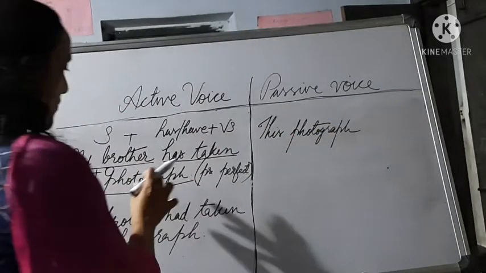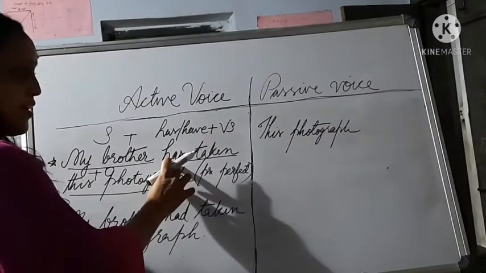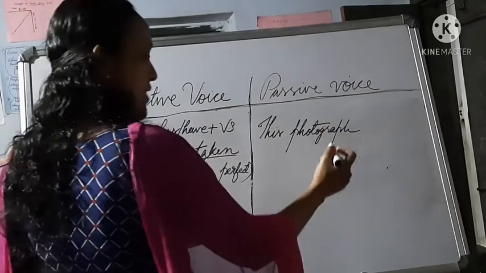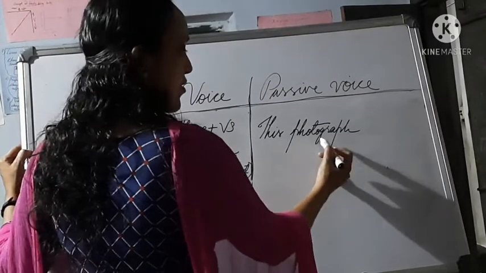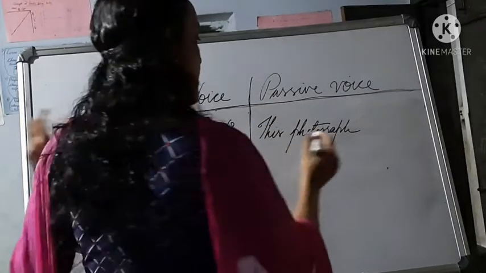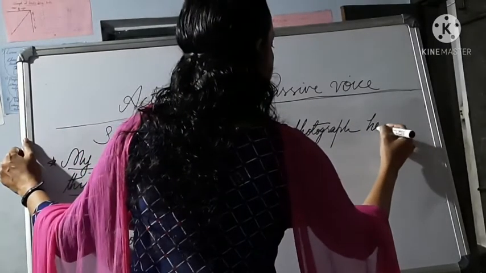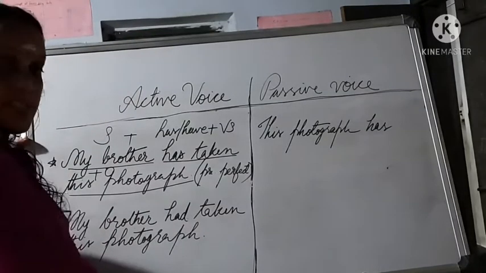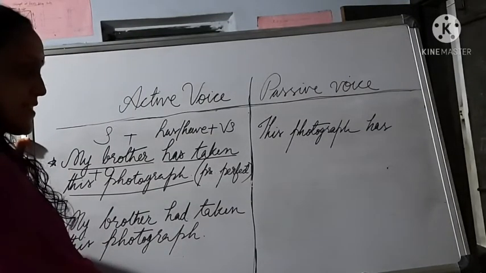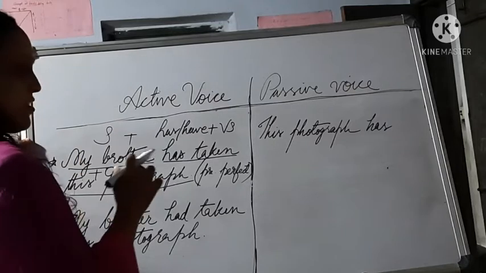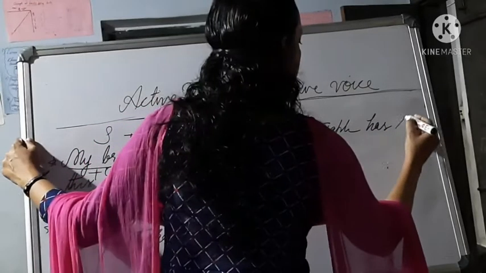Since this is in present perfect, you have to use has or have. This photograph, not have but has. This photograph has, singular, that's why has. Here also we have to use a special word, that is being.